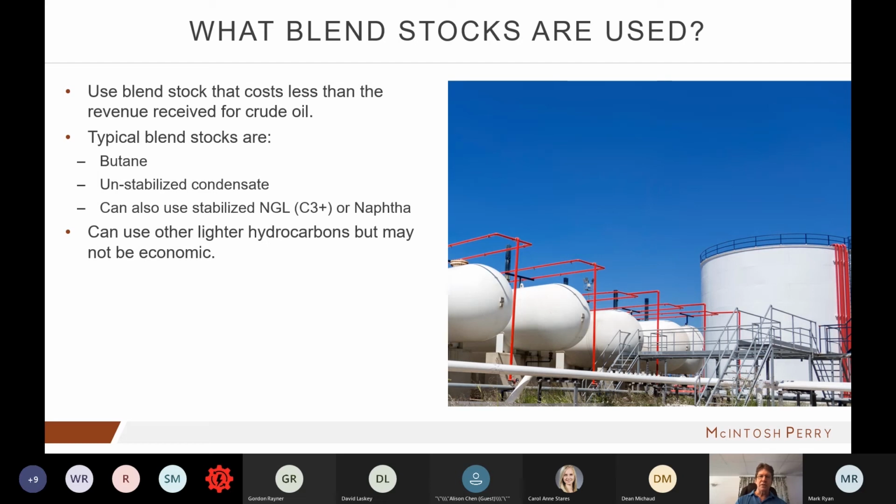For example, you could use other lighter hydrocarbons to blend in, but it might really not be as economic. A good example of that might be diesel, because it would fit the bill. I could really lighten up heavy crude oil by putting diesel in there, but it actually might cost or be worth more than the crude oil. So it doesn't really make any economic sense to do that. So what we're really looking for again, and the main idea then, is to take a low value blend stock, low value compared to the crude oil that is, and blend it in.